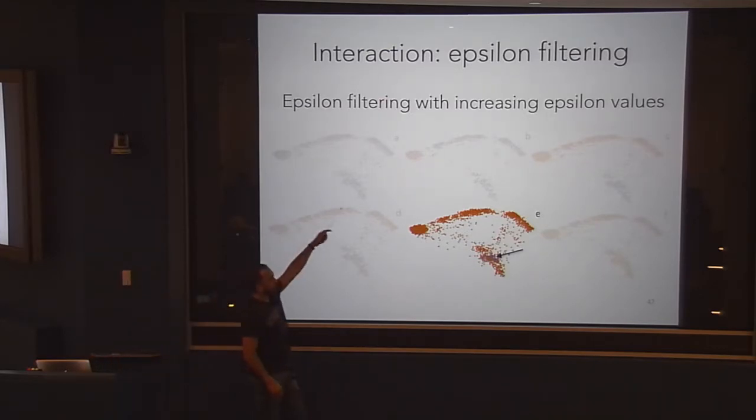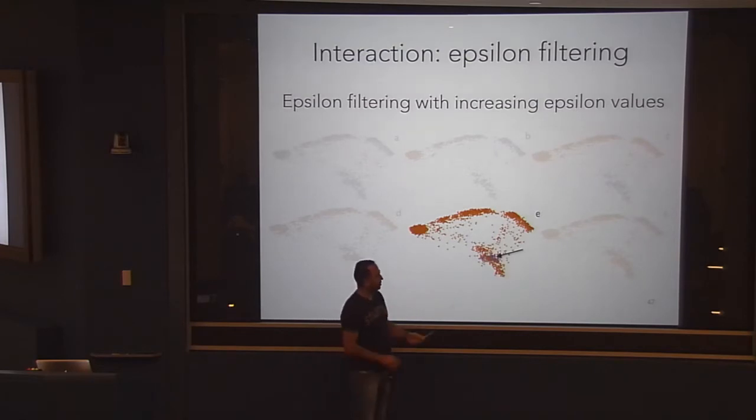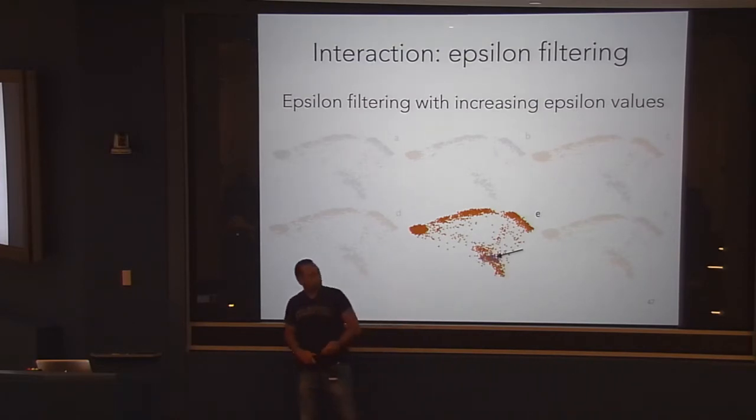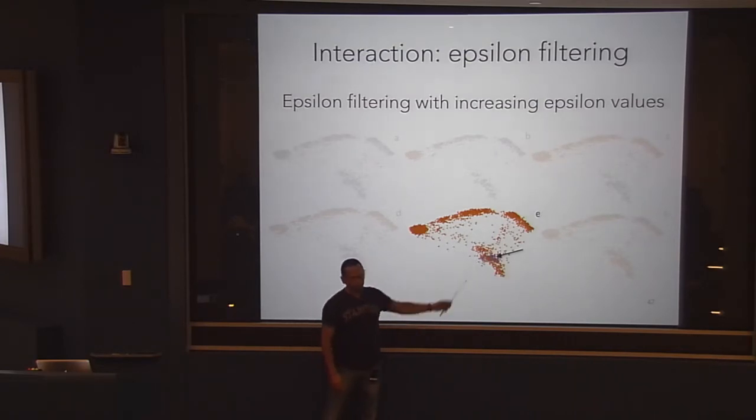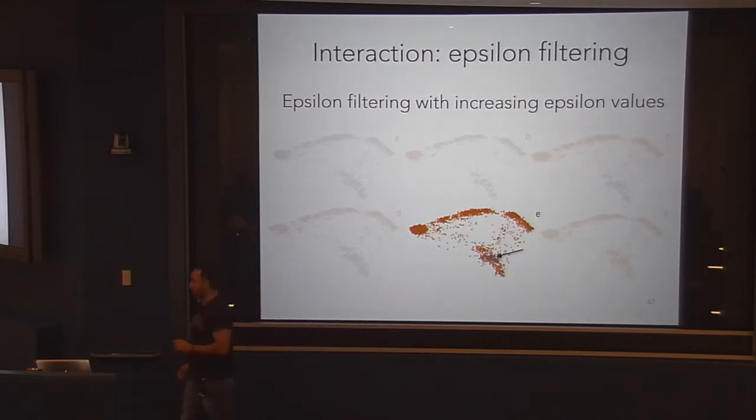Now I'm increasing the epsilon value. Epsilon is pretty high, and at this level it's still two clusters. They are not connected, although they are projected in a very similar place. So it's another way of verifying your PCA projection, or if you are using another method, verifying how well your dimensionality reduction works.